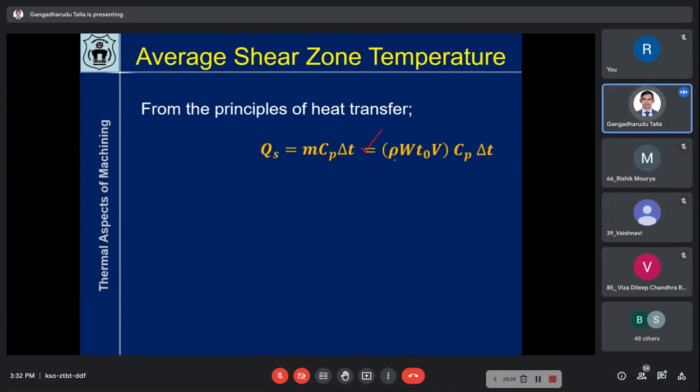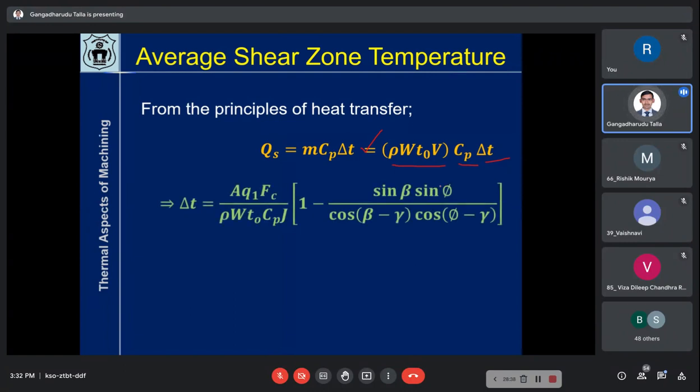So we'll write m as rho W t0 into V, that is the mass, Cp into delta T. Now from this equation, we'll write delta T. Earlier, on the left-hand side we had Qs, so that is rho W t0 V Cp delta T. Now we kept only delta T on the left-hand side and have taken all other things to the right-hand side. Now this is the change in temperature during the cutting process.